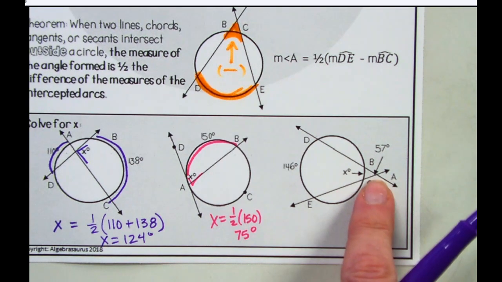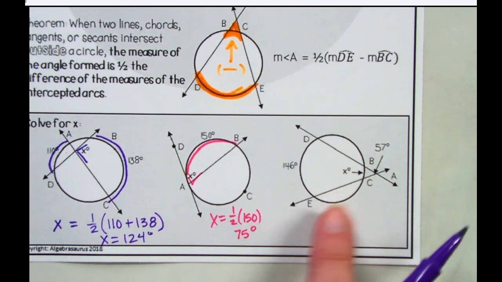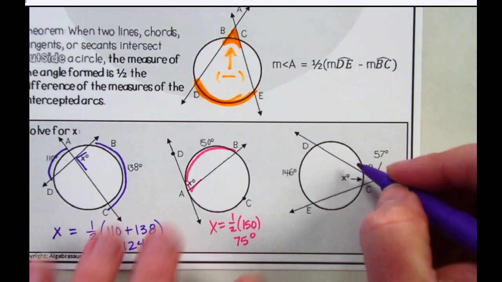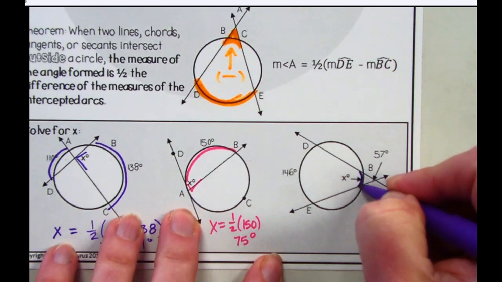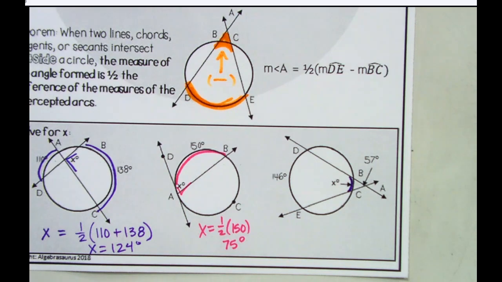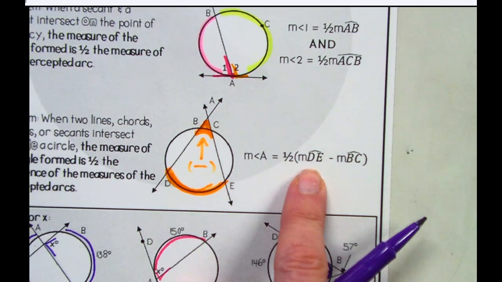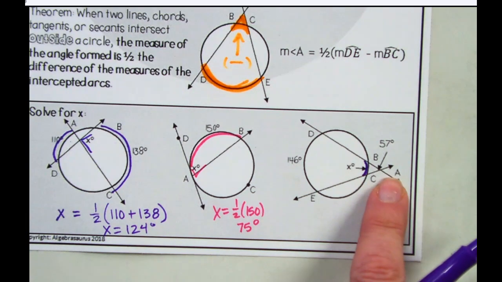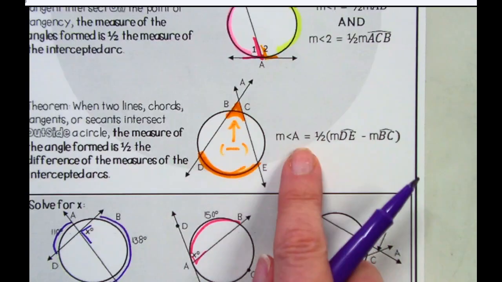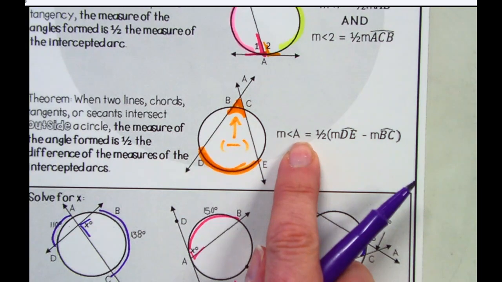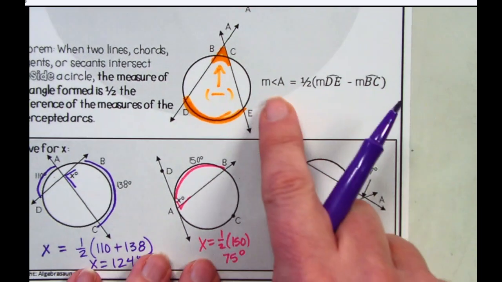I've got the measure of my angle here. And what this is showing me is it wants to know the measure of the arc. So we've got that intersection on the outside. So let's just set it up exactly like we see that formula. It says the measure of the angle.